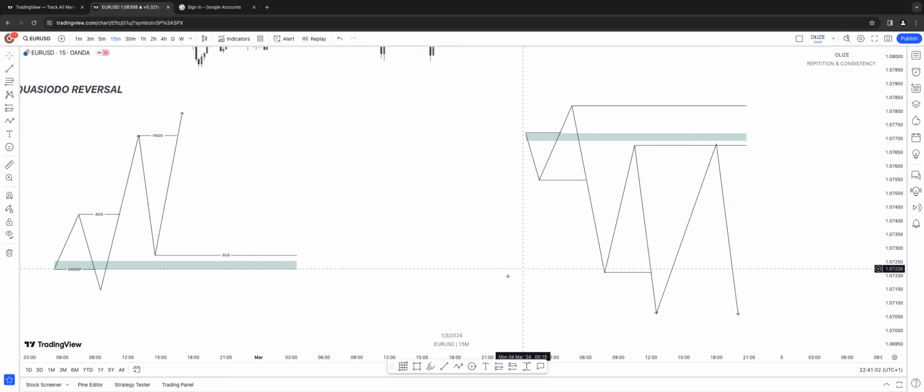So the closest POI to your structural liquidity is your most valid POI, so you don't get a misentry in a trade.